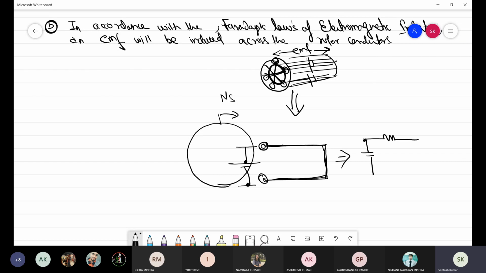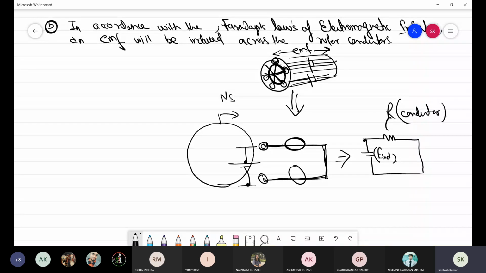For rotor conductor, they will be having some kind of resistance, and it is connected. So a circuit of this nature is formed. This is the EMF induced. This resistance is for the conductor. Every conductor is having some kind of resistance.